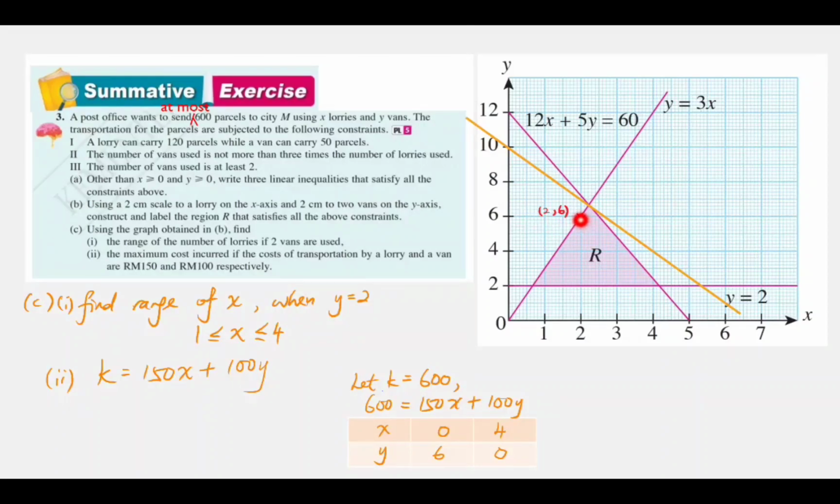It happens at 2.6, not 2.5. So we choose 2.6. So it happened on 2.6. So the maximum cost equals 150 times 2 plus 100 times 6, and we get 900 ringgit Malaysia.